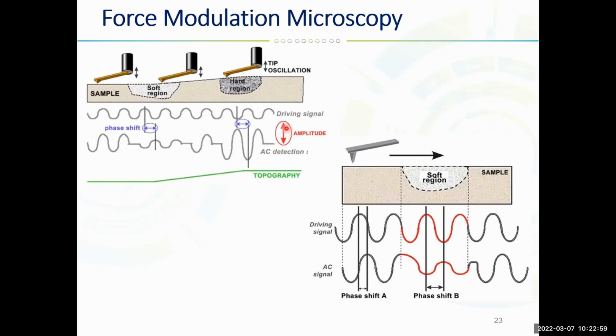So in this mode, the tip is scanned in contact with the sample, and then you have that feedback loop that maintains a constant cantilever deflection. So this part is the constant here.